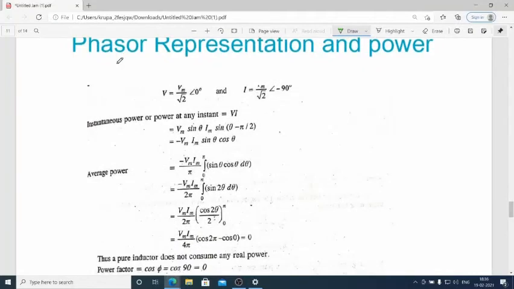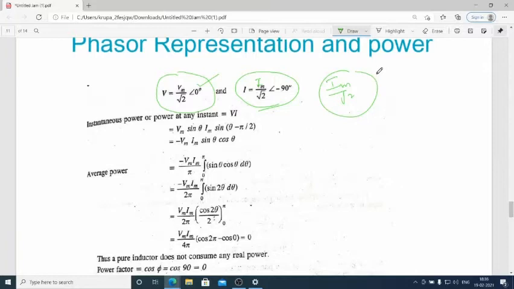So now we move on to phasor representation and power. Let us consider V is equal to Vm upon root 2 at an angle of 0, and I is equal to Im upon root 2 at an angle of minus 90 degrees. So why Im upon root 2? It is the RMS value. Okay.